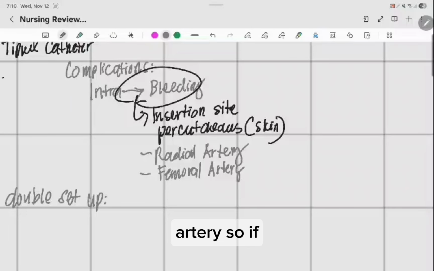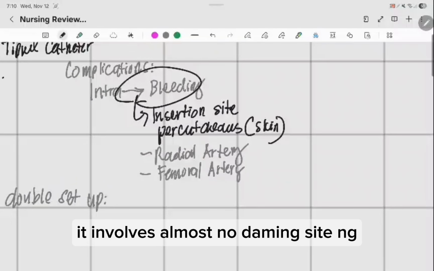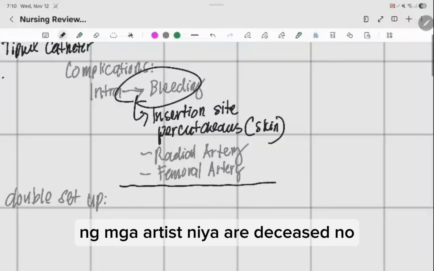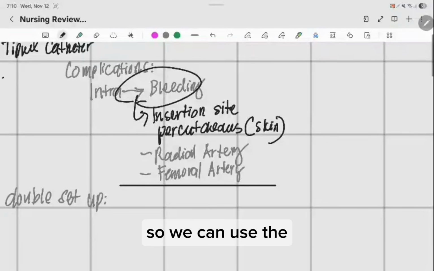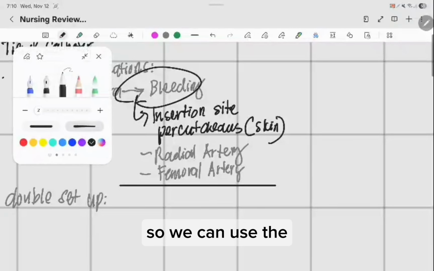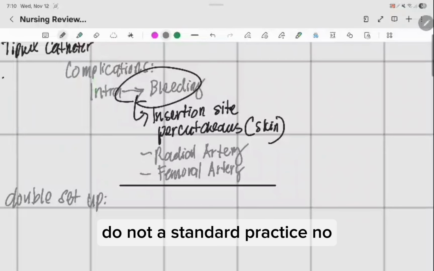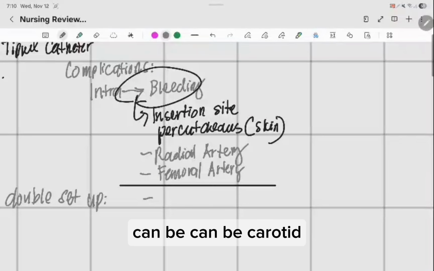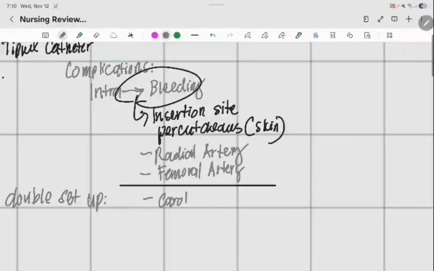So in case there is a massive or extensive artery disease, which sabi natin it involves almost, daming site ng mga arteries niya are diseased, we can use, though not a standard practice, the carotid artery.